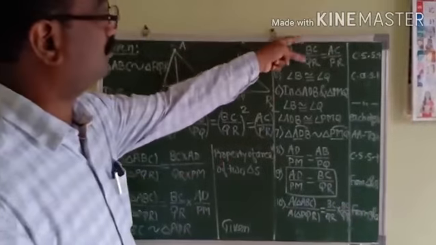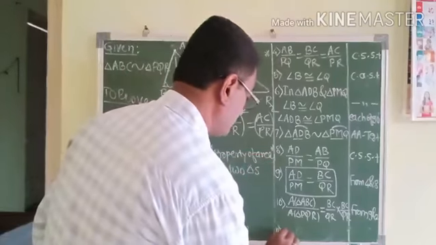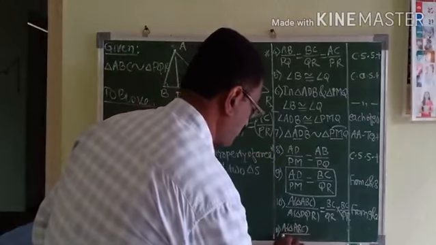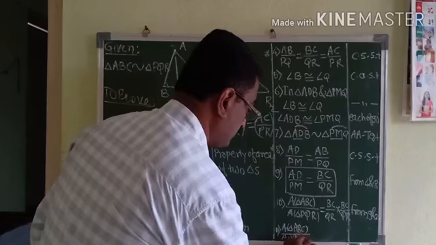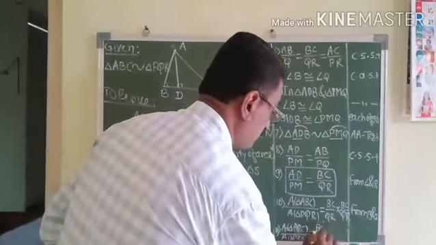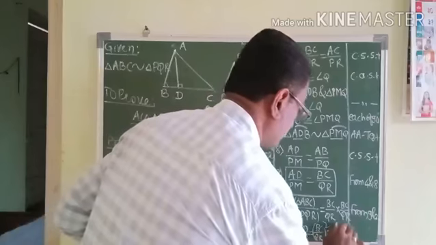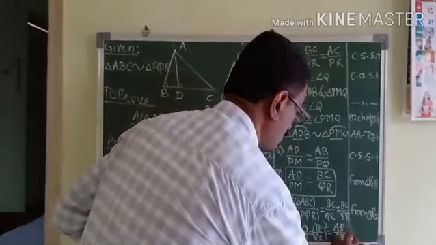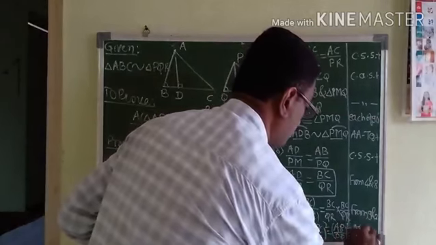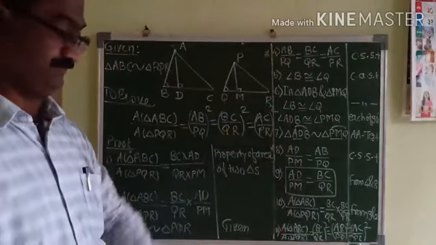But AB upon PQ is equal to BC upon QR is equal to AC upon PR. So, therefore, area of triangle ABC upon area of triangle PQR is equal to BC upon QR whole square is equal to AB upon PQ whole square is equal to AC upon PR whole square, from statements 4 and 10.